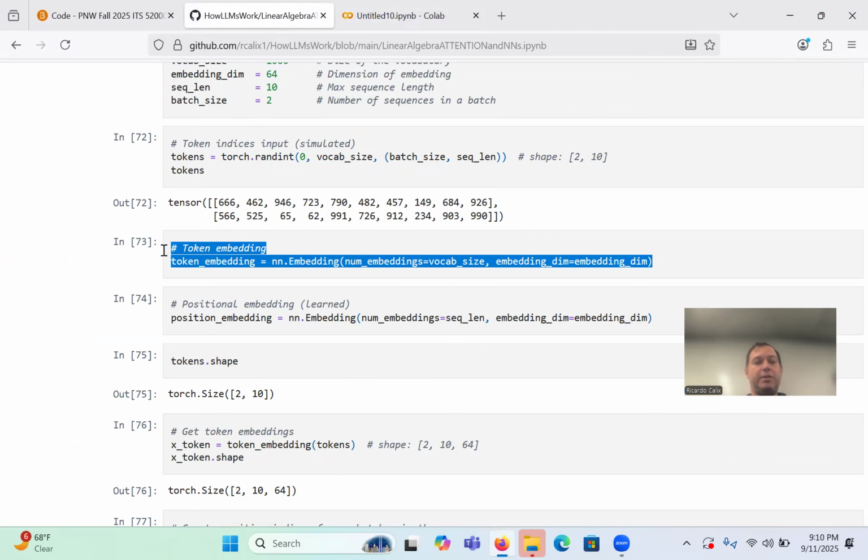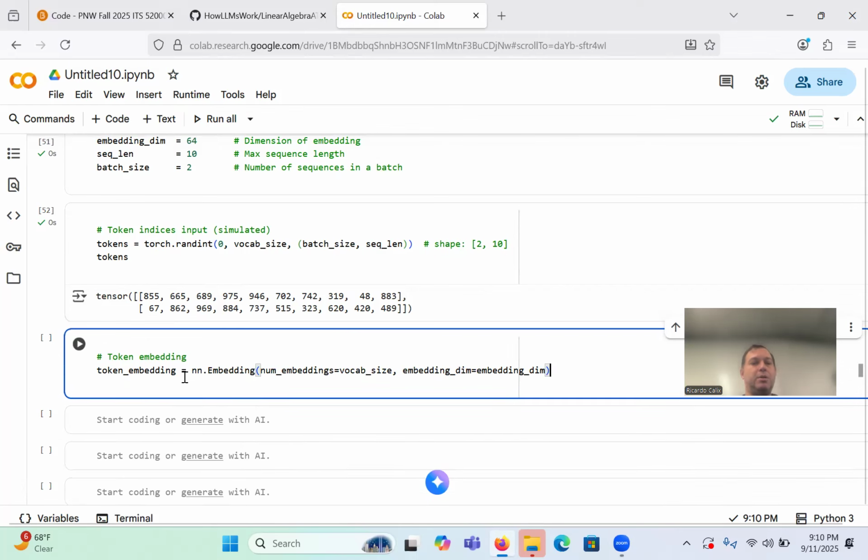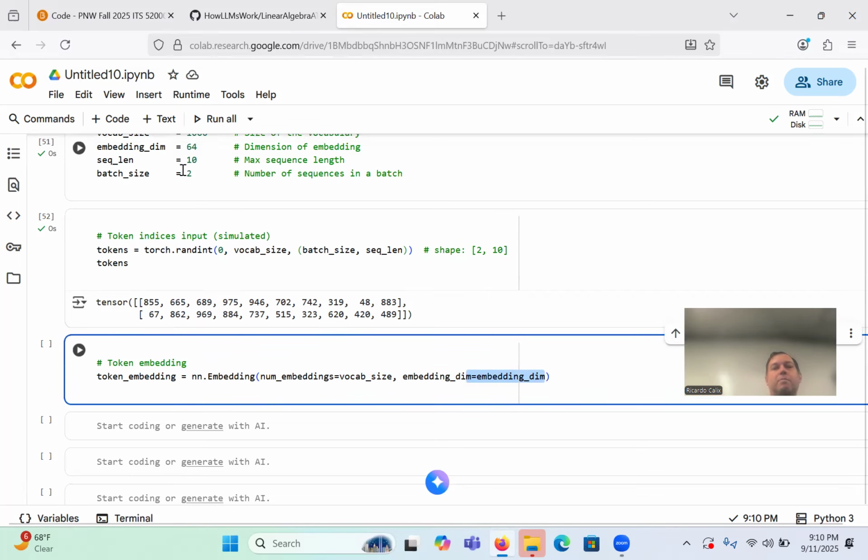Notice this, with the exact same construct in PyTorch, the nn.Embedding. So notice when I'm labeling token embedding, it is vocab size, the number of words, 10,000, 1,000, or 50,000, and the embedding size, which is 64 for my selection here. Do you guys see that?